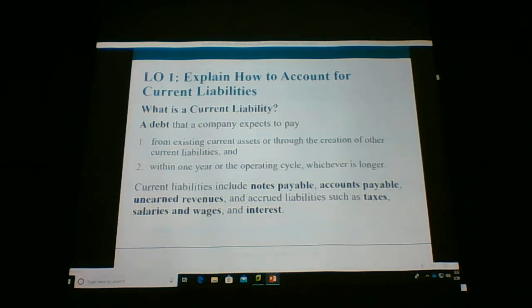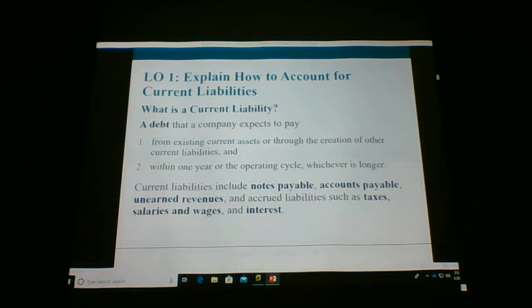And it says on your slide that a current liability is a debt that the company will expect to pay either from existing current assets or through the creation of other current liabilities, and these are paid within 1 year or the operating cycle, whichever is longer.